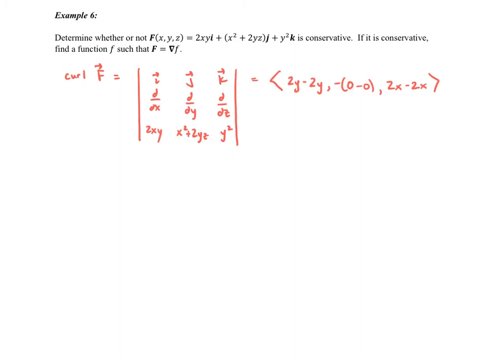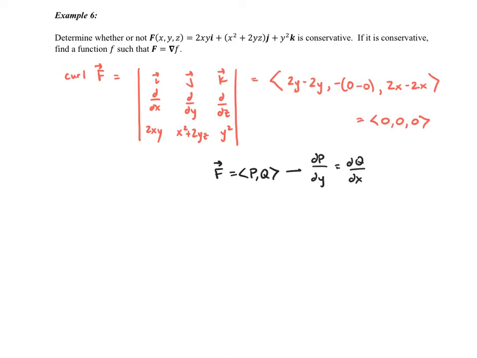All right, so here's our worked out curl of f, and as you can see, what we get is the 0 vector. I just wanted to make one observation that I think can be really helpful here. If you remember, when we were working with conservative fields in section 13.3, and we were talking about the fundamental theorem of line integrals, we were testing if the partial derivative of p with respect to y was equal to the partial derivative of q with respect to x, and that came from a vector f equal to the vector pq.